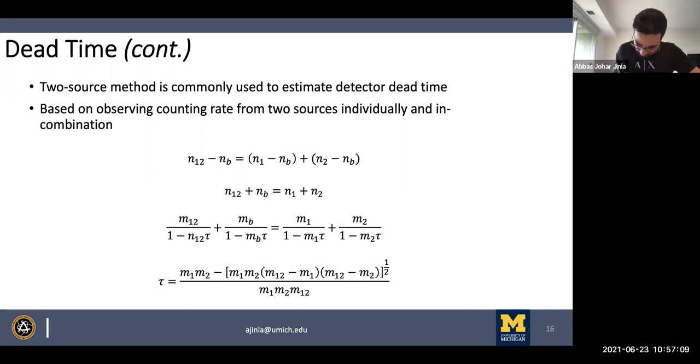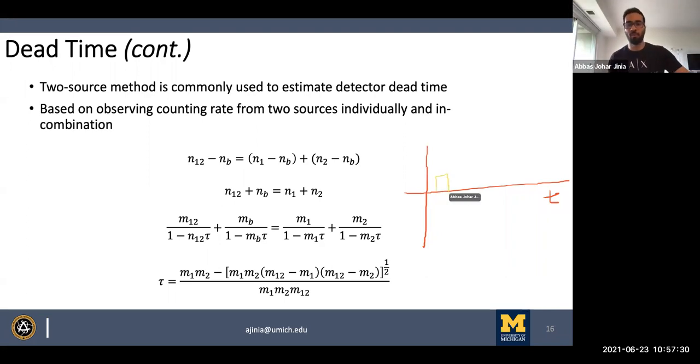So let me do this. Okay, is this working? All right. So we have time here, and a radiation comes in. Only one radiation came in, and this whole radiation was detected.